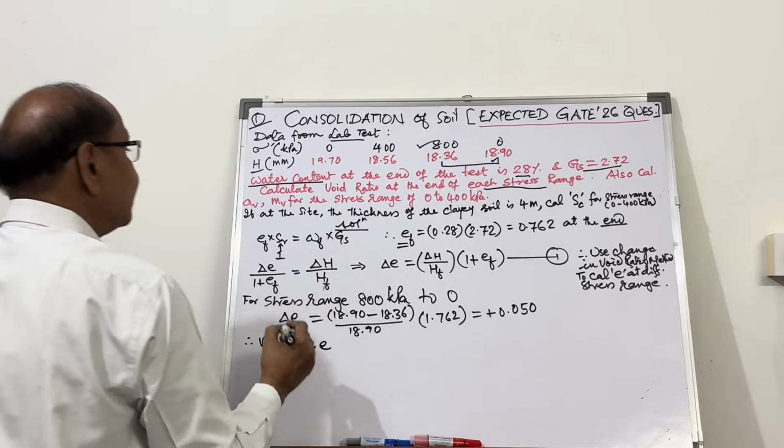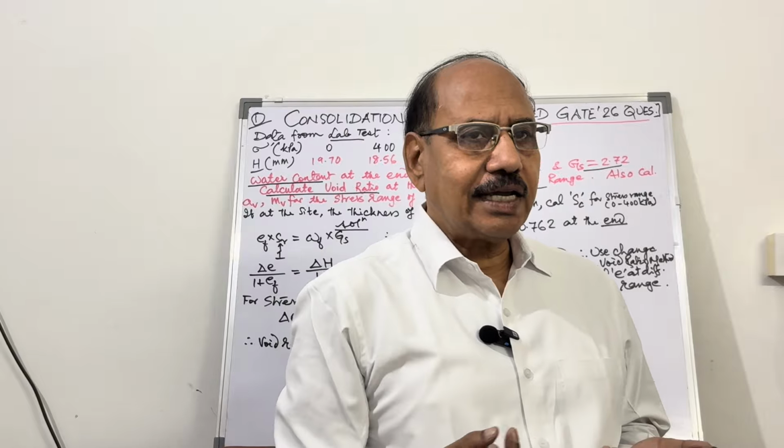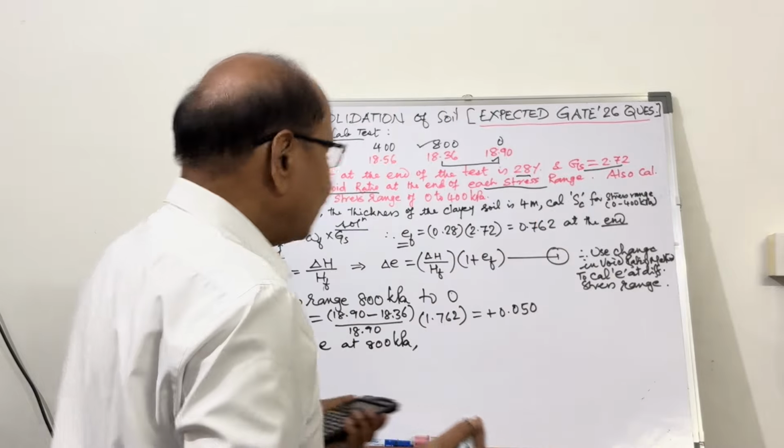And at 800 kPa, void ratio E can now be calculated quite easily, because we know the change in void ratio. Therefore, the final void ratio minus delta E can be computed.